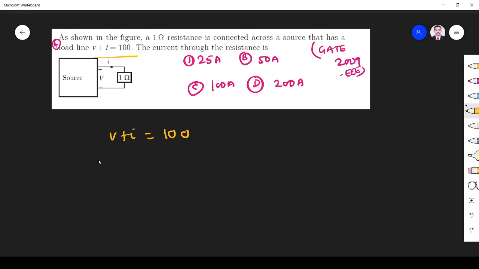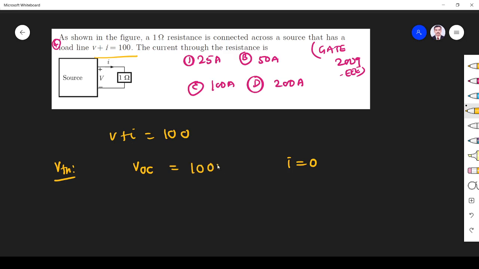Okay. So first let us find the open circuit voltage. V Thevenin is nothing but the open circuit voltage, V OC. When a circuit is open, I is equal to 0. We know that, right? So open circuit voltage means current is 0. So I equal to 0 means V is equal to 100.